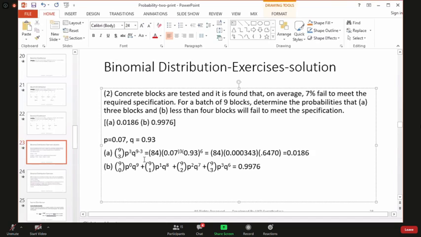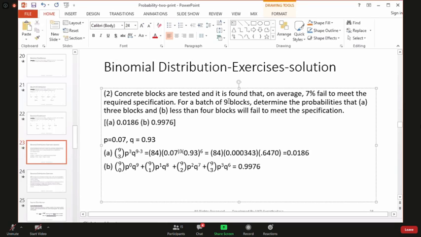Understand that matters also. You see P is 0.07, Q is 0.93. 9C3, out of 9, understand this. Out of 9 blocks, what is the probability of 3 damaged, because so many outcomes are there. Now, you are choosing 9 blocks.